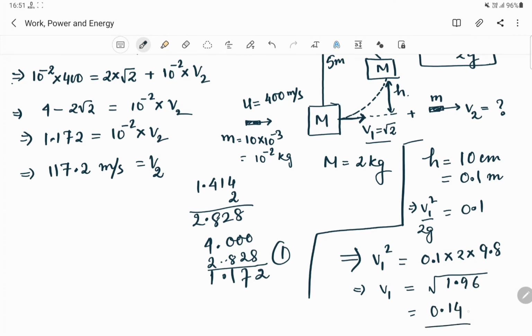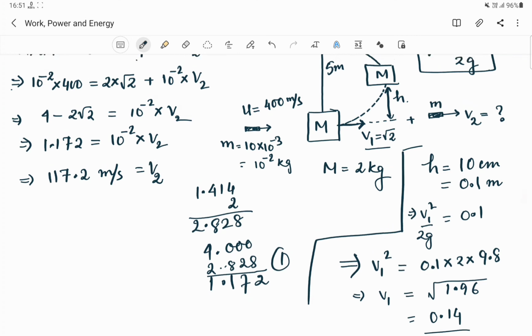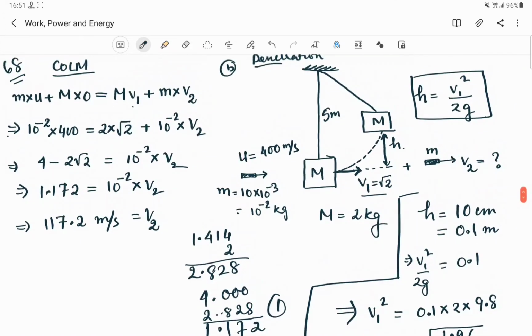Just put the value over here, calculate by yourself, and you will get the correct answer. I hope you all understand this calculation. I will not be doing it because it will take 2 or 3 more minutes, so I will skip this one. You just try yourself by taking the value of g as 9.8, and only then you will get the correct option, that is 120.